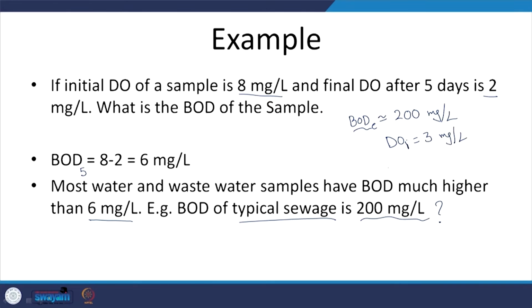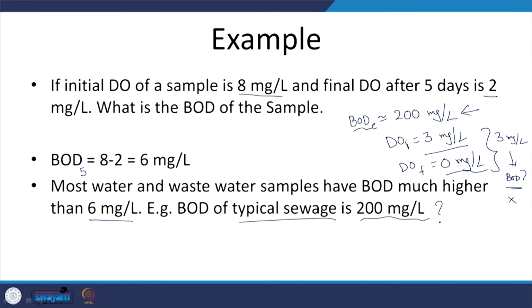If I conduct the test as I did previously, I take the initial measurement and another after 5 days, but because there is a lot of organic content, the final DO will be 0, because all the dissolved oxygen will be consumed. So, the difference, which is 3, is that going to be my BOD? Obviously not. So, that is an issue.